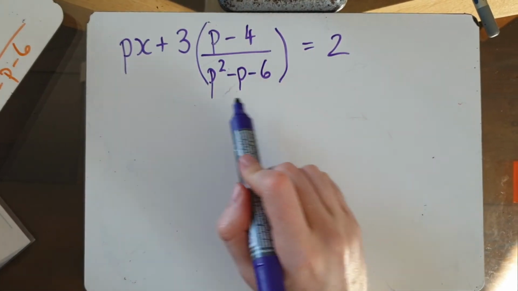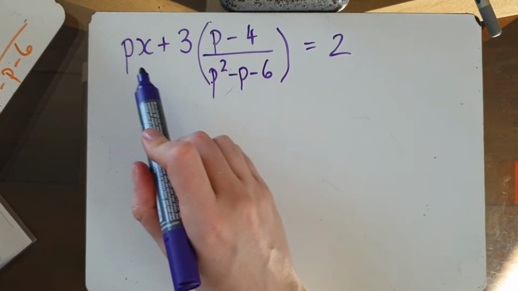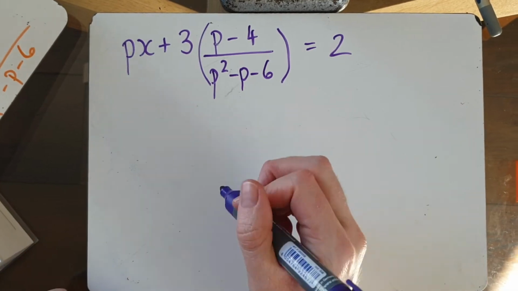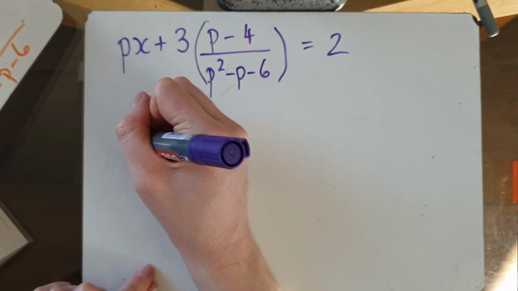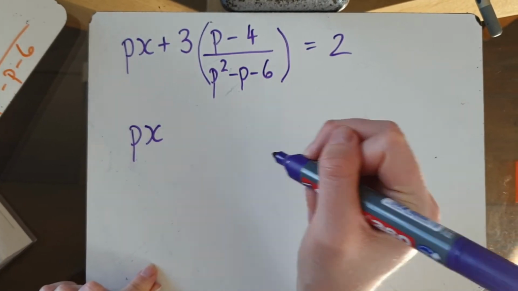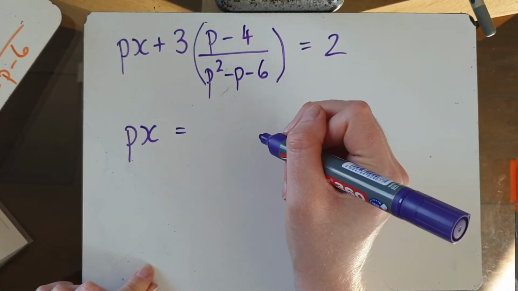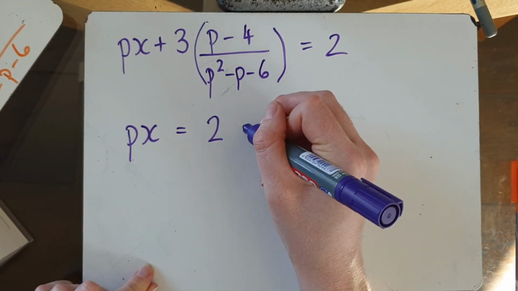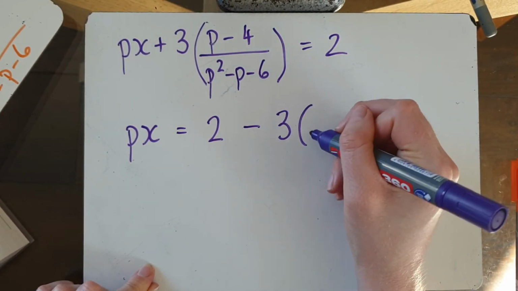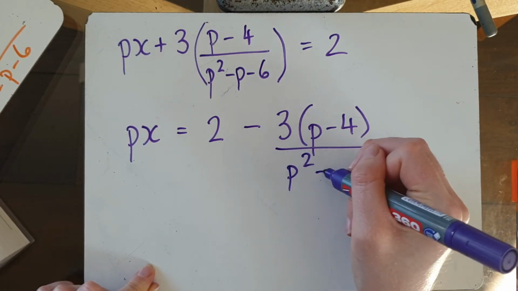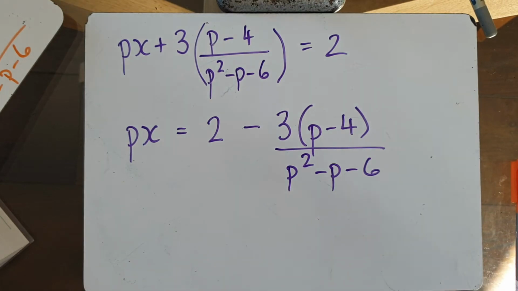So once I've found x in terms of p, that is the solution. So this was the equation that we just got down to. So now I just want to solve this to make x the subject. So I will have px equal to 2 minus 3 times (p minus 4) over (p squared minus p minus 6).